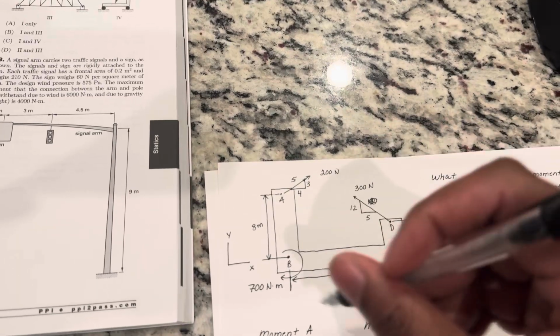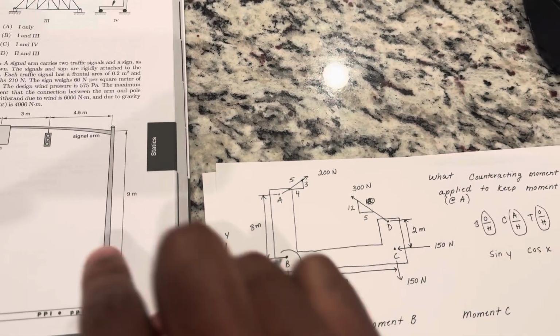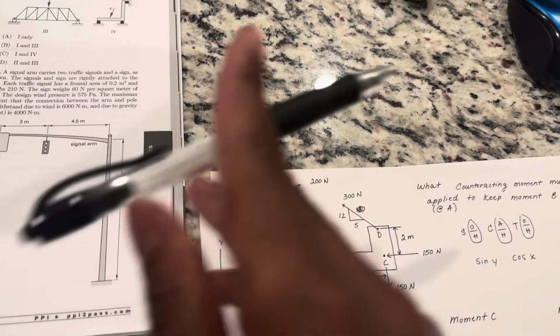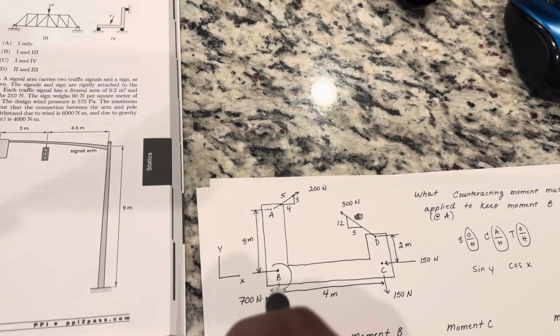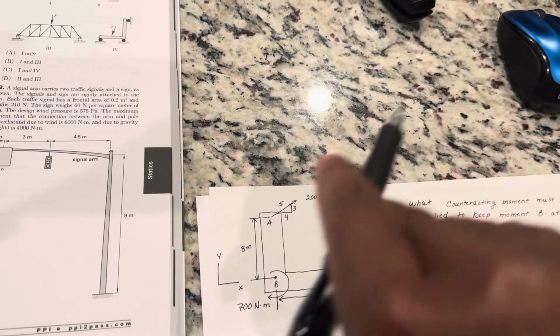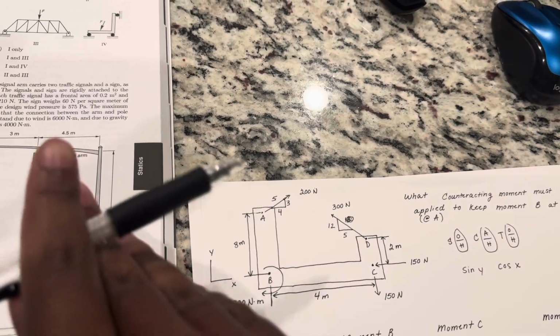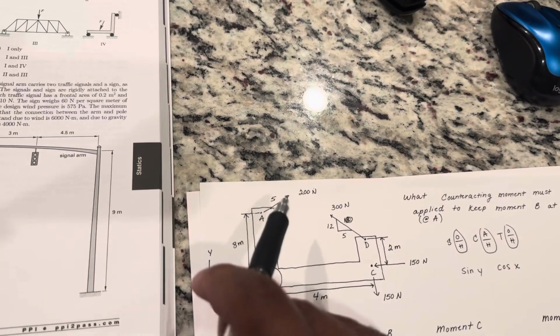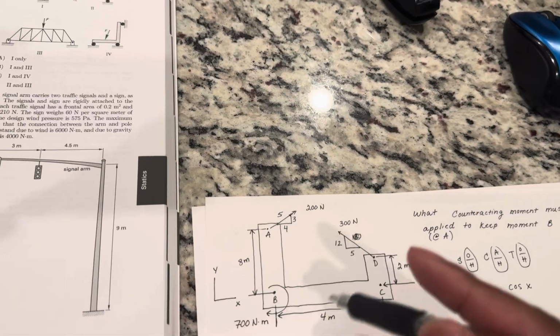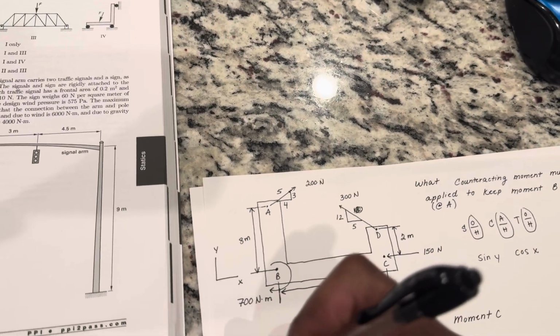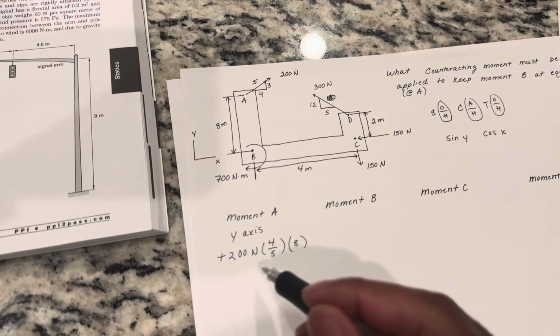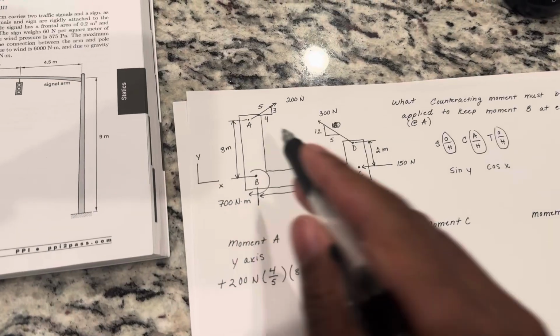If this force is spinning B in a clockwise fashion, it's acting with the clockwise, so this moment will be positive.